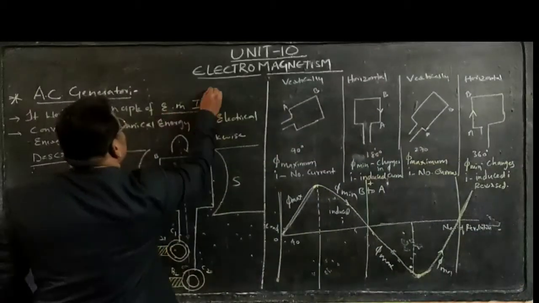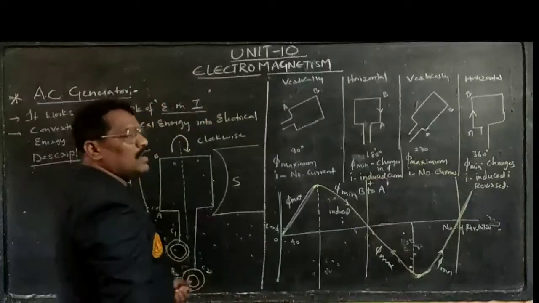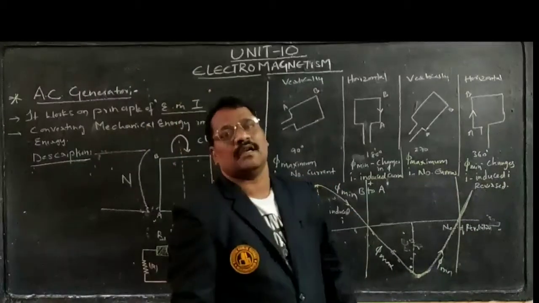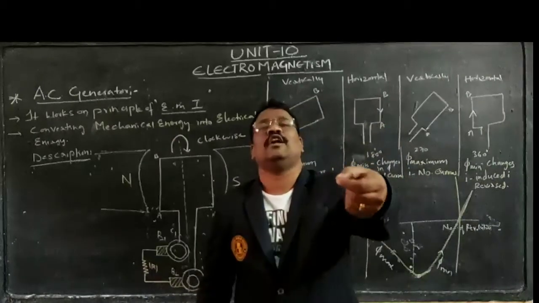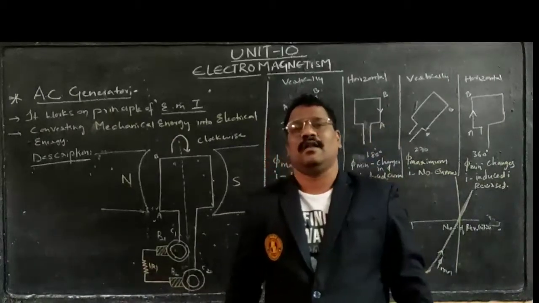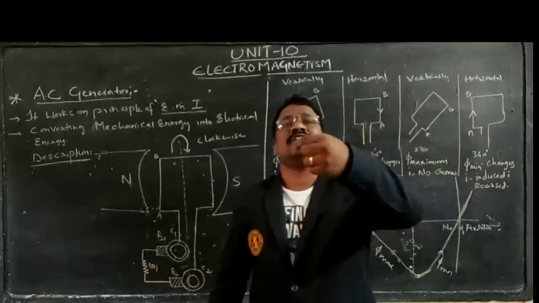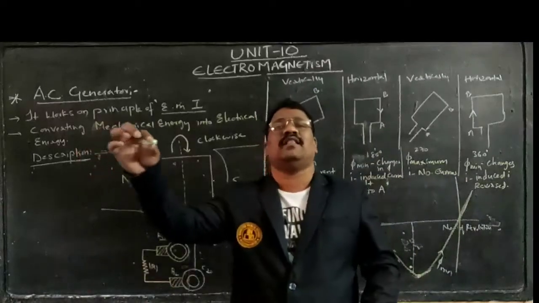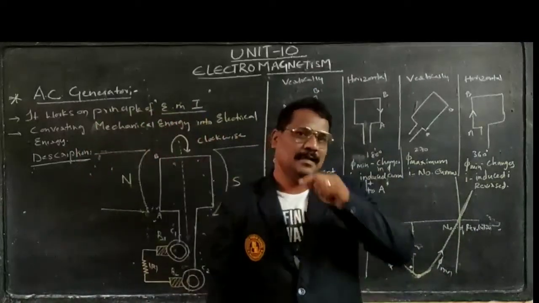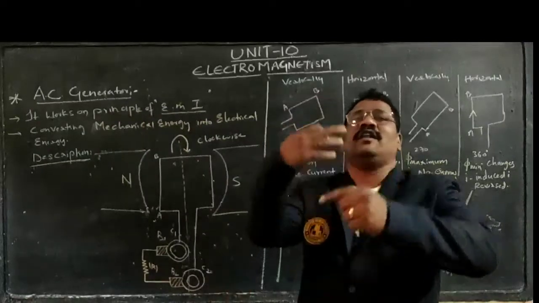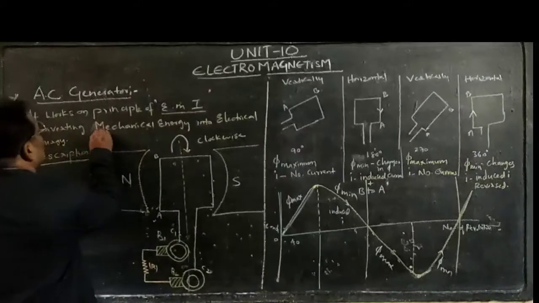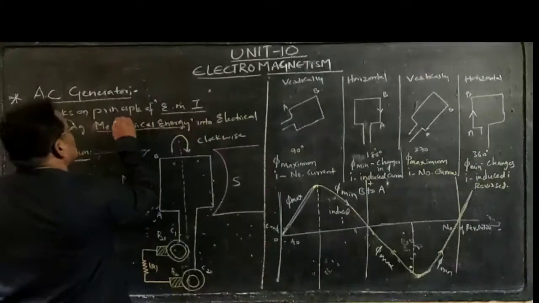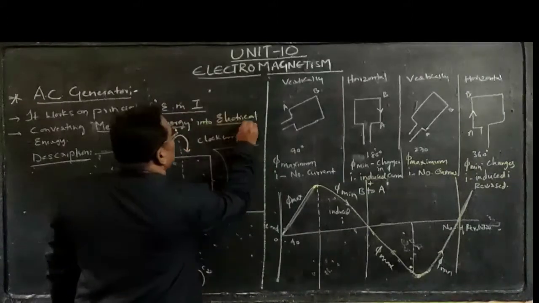electromagnetic induction. What is called electromagnetic induction? A change in magnetic flux induces current in the coil. How is this change in magnetic flux taking place? By the movement of a bar magnet, or the coil rotating around its own axis, converting mechanical energy into electrical energy.